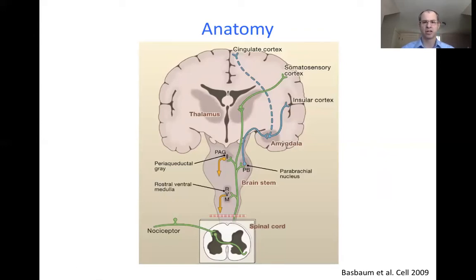There's also the spinoparabrachial pathway, and this pathway projects to limbic centers, including the amygdala, and serves to provide information about the affective components of pain, and that refers more to the hurt that accompanies pain or suffering.